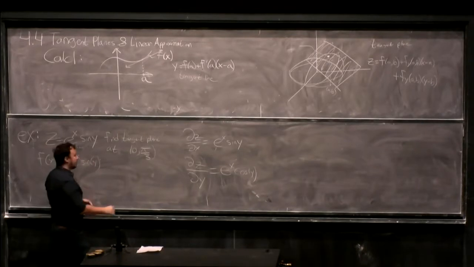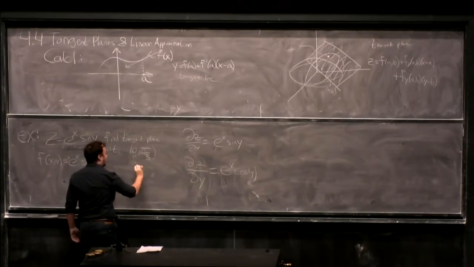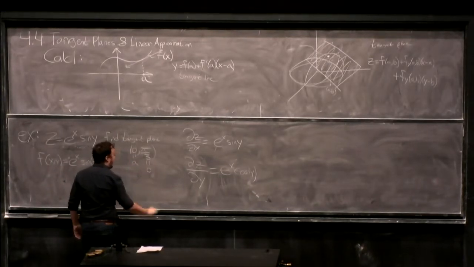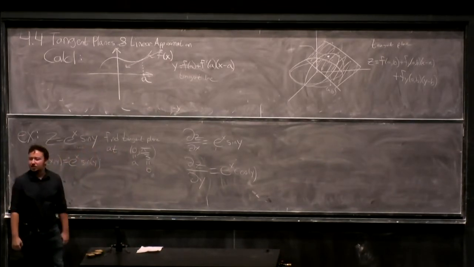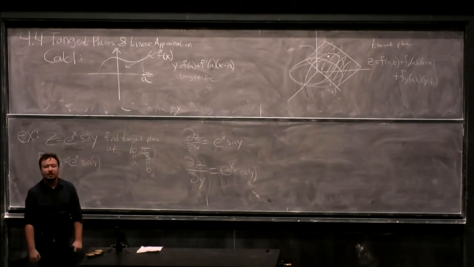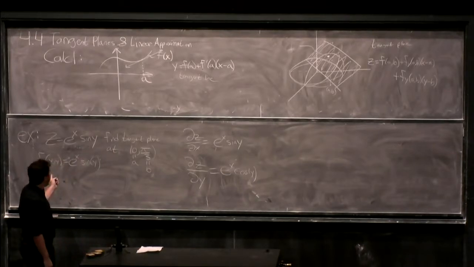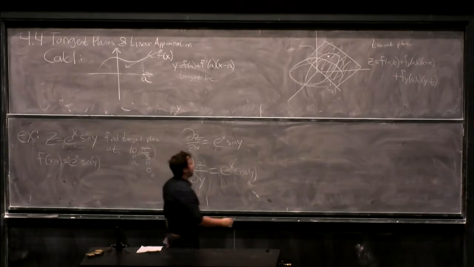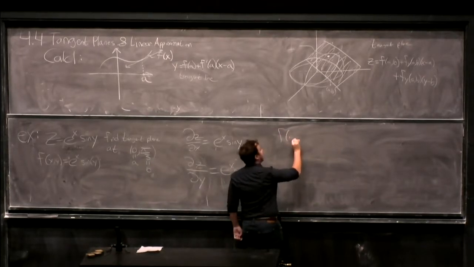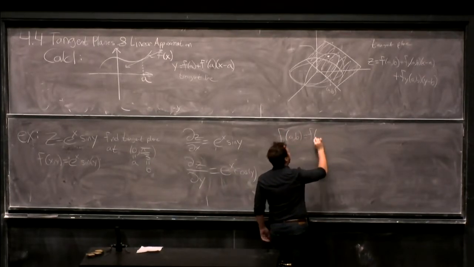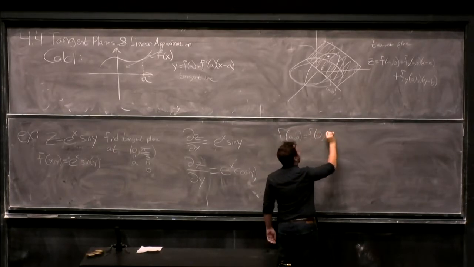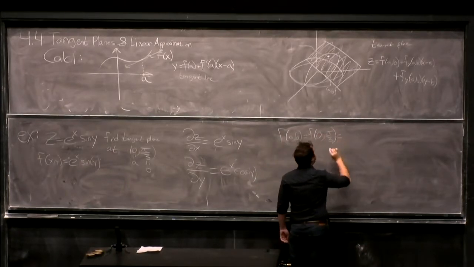And this 0 here is our a, and that pi over 3 is our b. So that's where we're finding the tangent plane. So we need to know f of a b. So that's f of 0 and pi over 3.